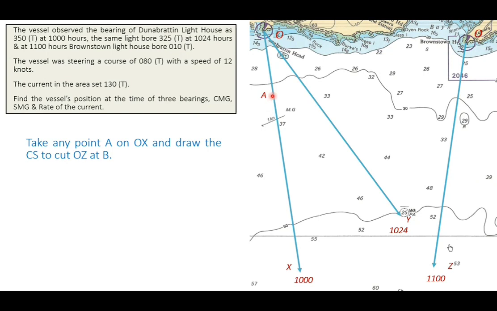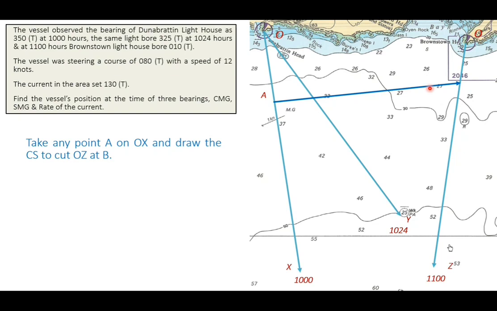Now from this point A, I will draw my course steered. The course steered is given to me. The vessel is steering a course of 080. So from point A, I draw my course steered. You can see the course steered line on the chart now.